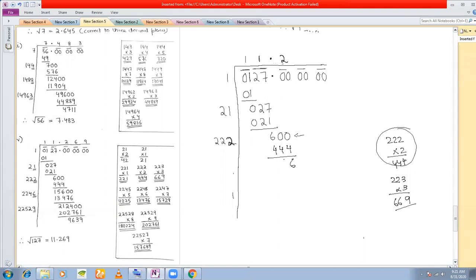Get a 6 and you get a 5. Okay, and you get a 1 after subtraction. Now again you bring down 2 zeros.